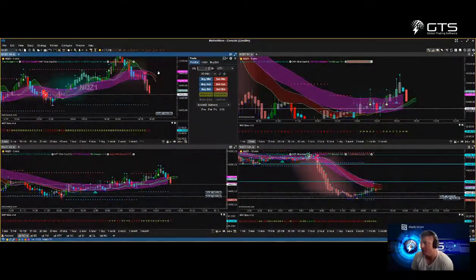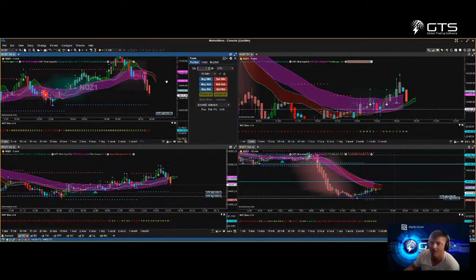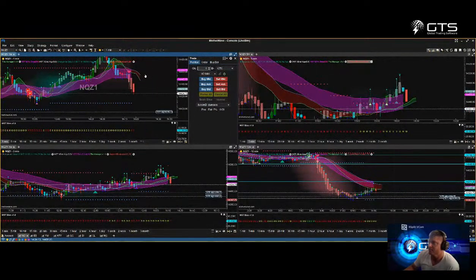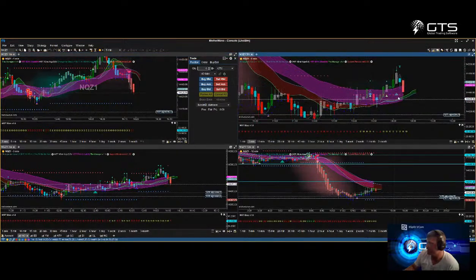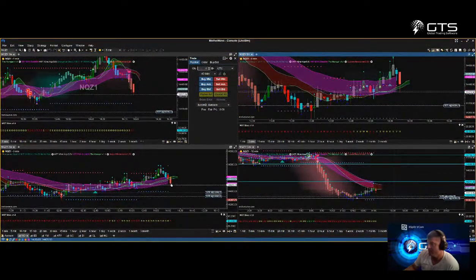So are we going to push back to the lows here? We finally got some movement going on. Let's see what's going on here. Hey, the bias went back to bearish on the 1 minute, pushing back to the downside of the cloud on the 5 minute, the 3 minute and the 15.